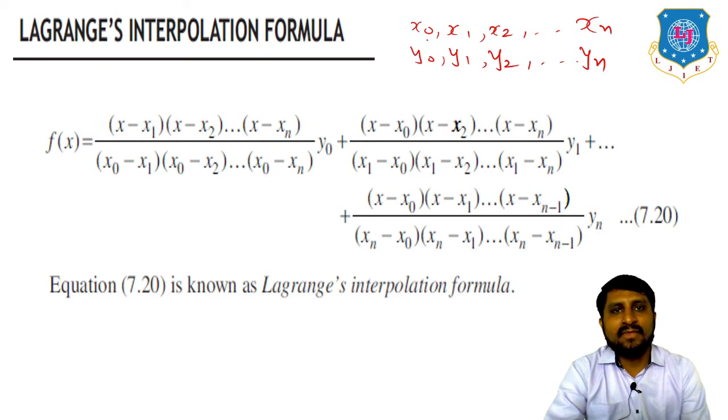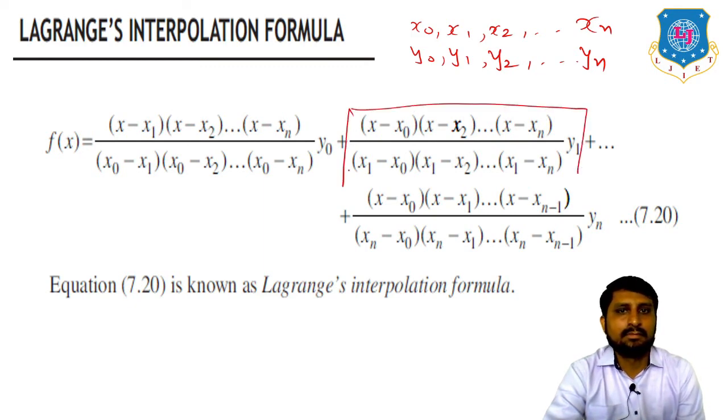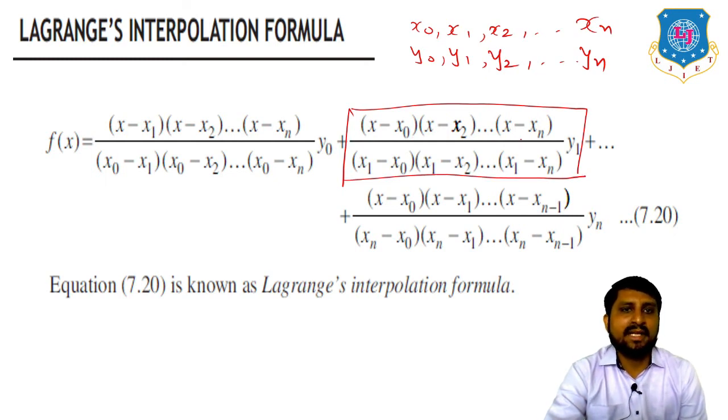We start with x0 but x1 is missing: x minus x0, x minus x2, up to x minus xn. Clear? And in the denominator, instead of x, you put x1: x1 minus x0, x1 minus x2, up to x1 minus xn, multiplied by y1.